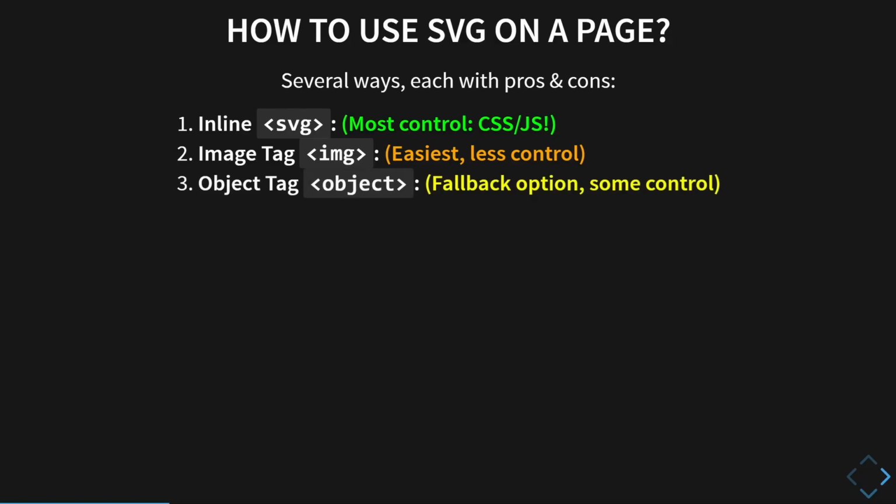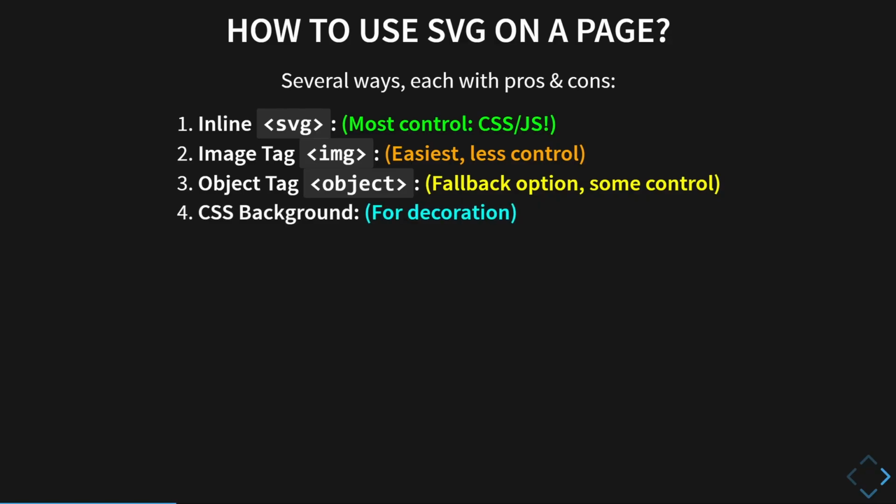Third, the object tag. This is a bit more versatile than image. It allows for fallbacks, showing a PNG if SVG is not supported, and can allow some interaction with JavaScript, though it is often more complex than inline SVG.